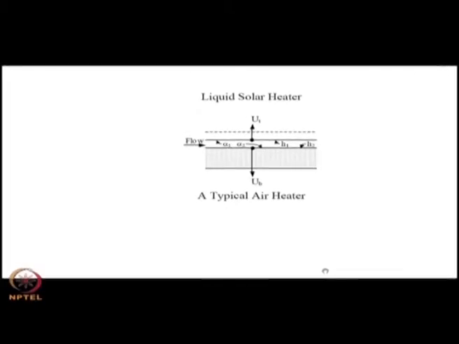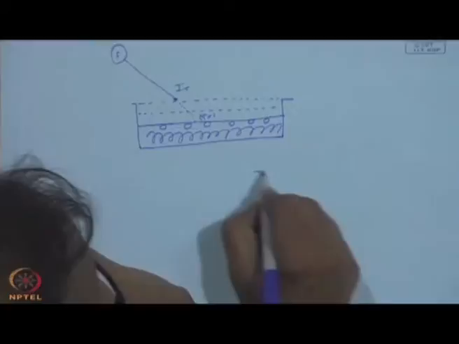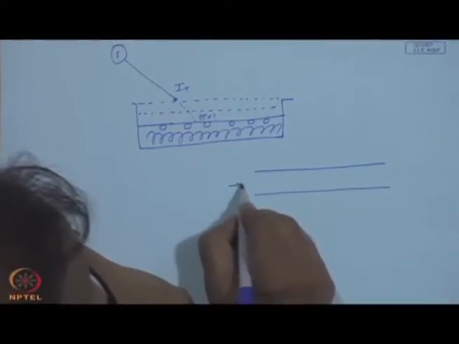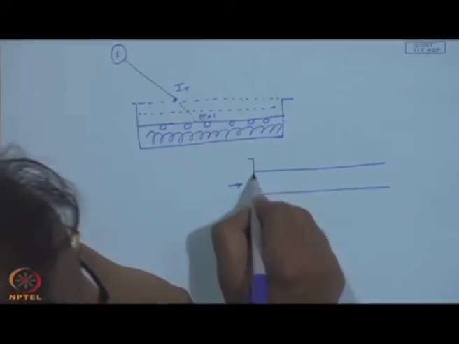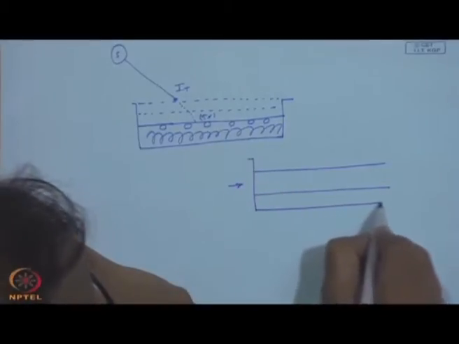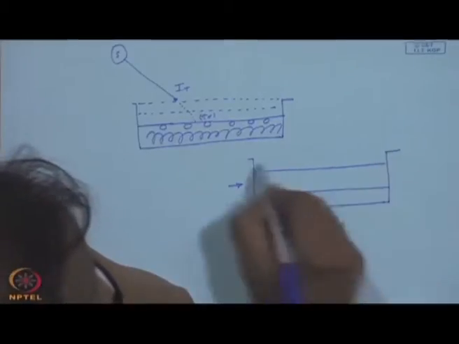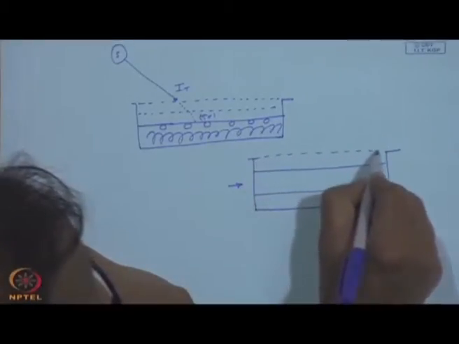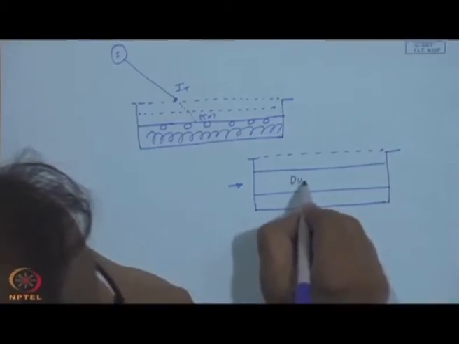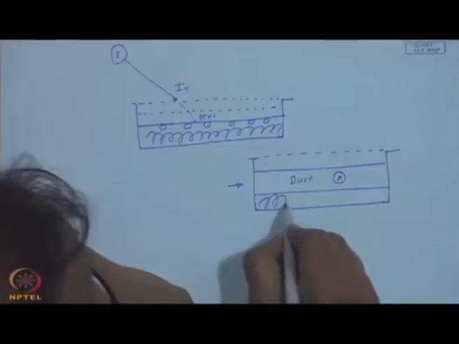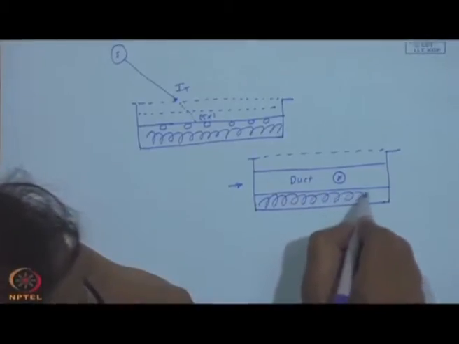I have shown a typical air heater configuration also, wherein you need a large flow area, because the volumetric flow of air will be much larger for a given amount of energy gain compared to that of a liquid or water. Again, this will be a duct, and perpendicular to this the air flows and it is insulated.